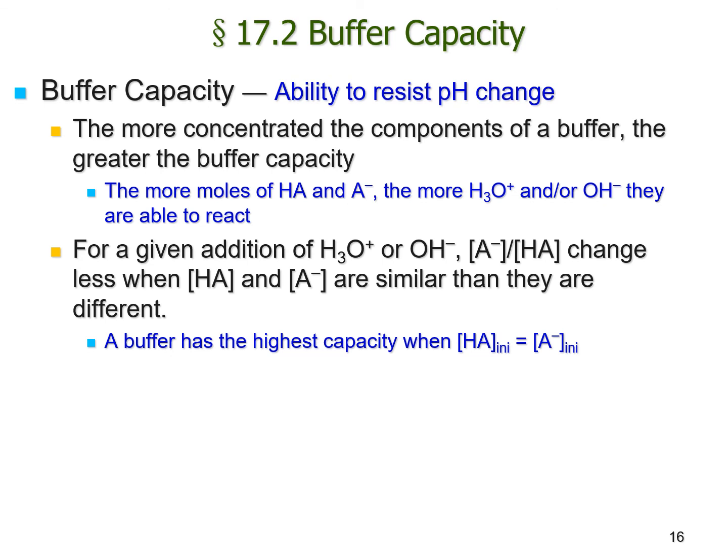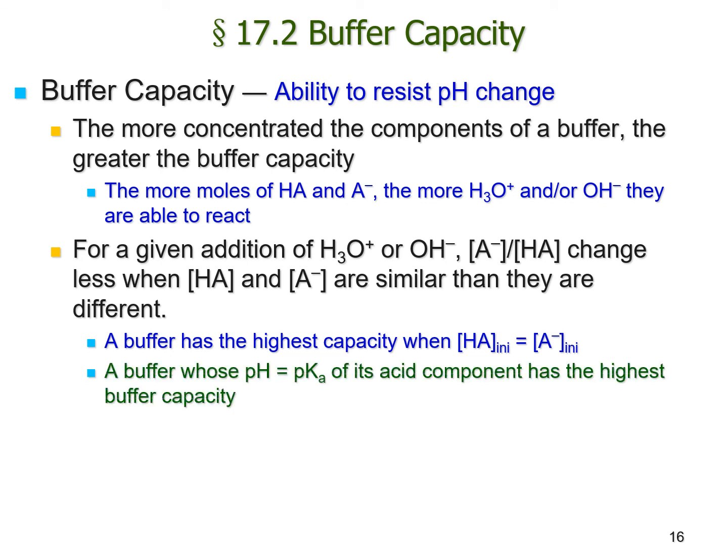So the closer the concentrations are between this pair of conjugates, the better the capacity. And of course, if you have equal concentrations of this pair, the log term is going to be 0. That means pH equals pKa for this buffer solution.